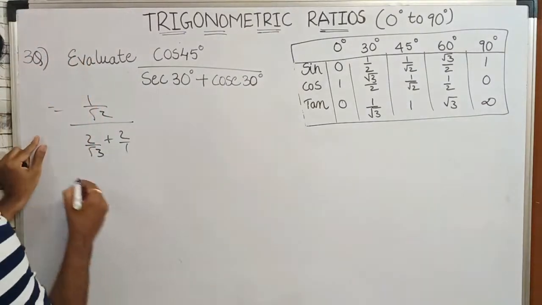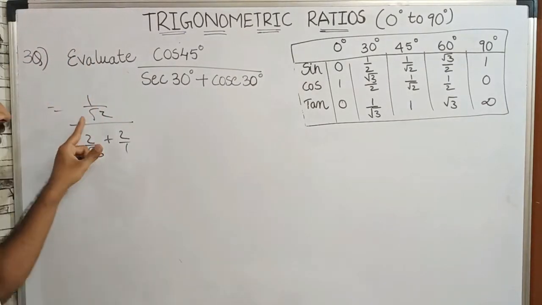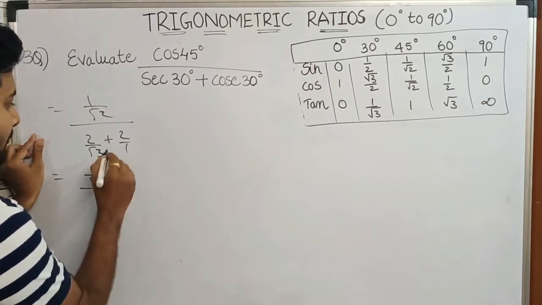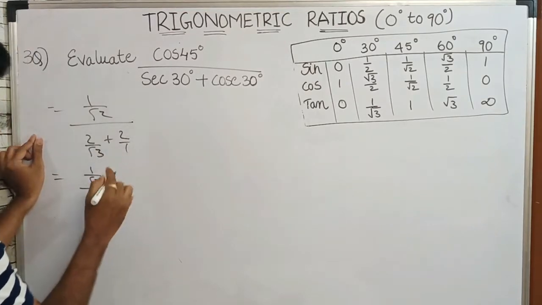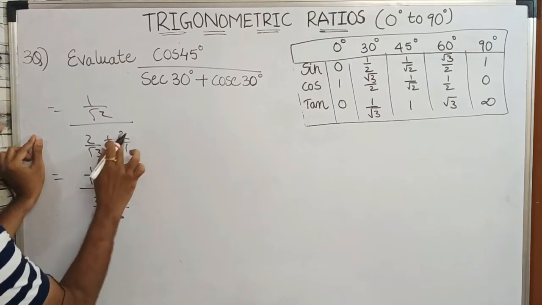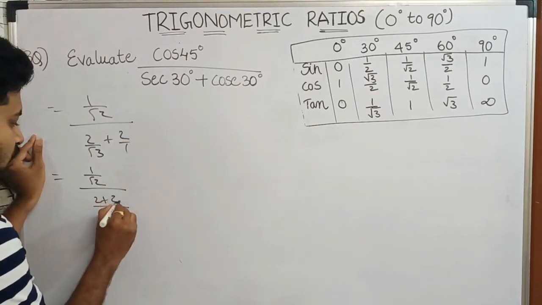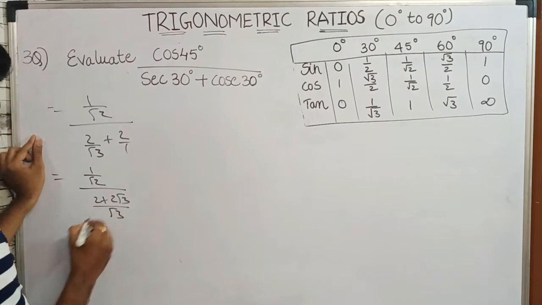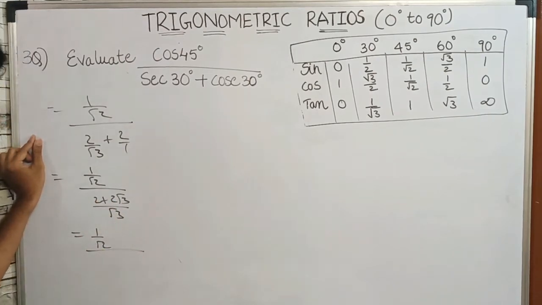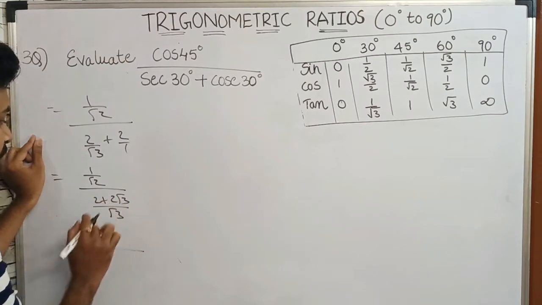Next. From here, you should not disturb the numerator. It is the same, 1 by root 2, and here do LCM for this. Root 3 by 2 plus 2, which is multiplying with root 3 by 2 root 3. Next, 1 by root 2, same numerator is there, and here 2 plus 2 root 3.